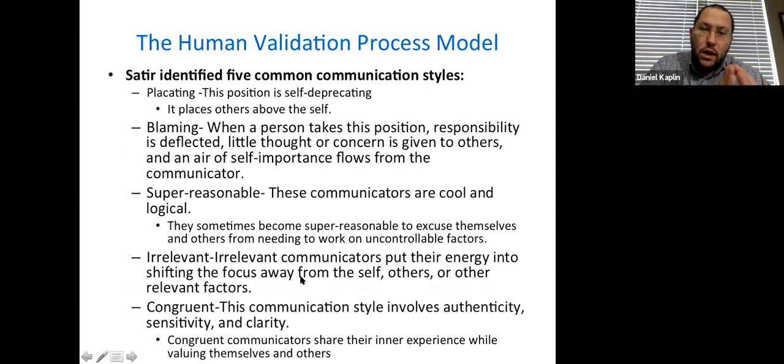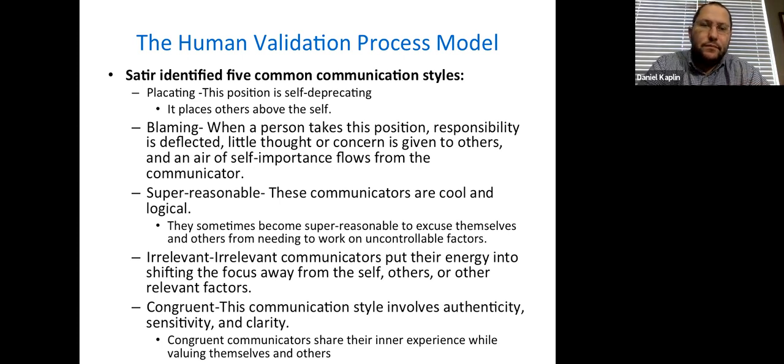All right, so what are the various types of communication patterns? And every communication pattern has a goal. Now, I'm going to tell you that having a congruent communication style is the best. That's what we're aiming for. But there are other communication patterns which are kind of designed to remove oneself from the problem or somehow separate the need to address the problem.